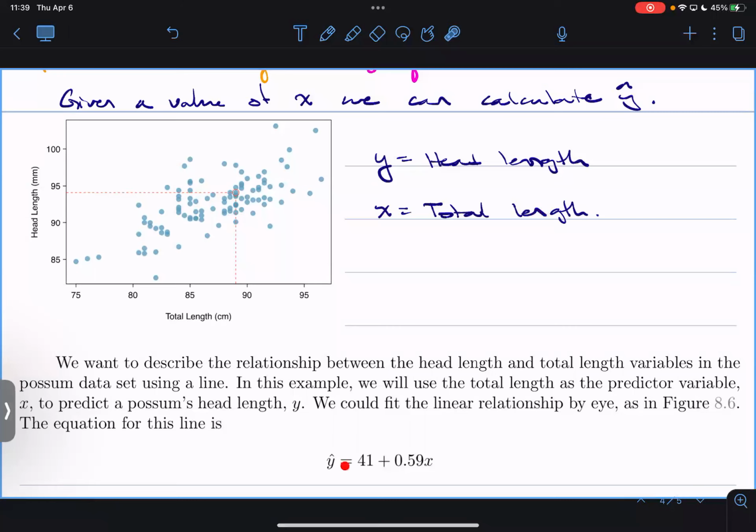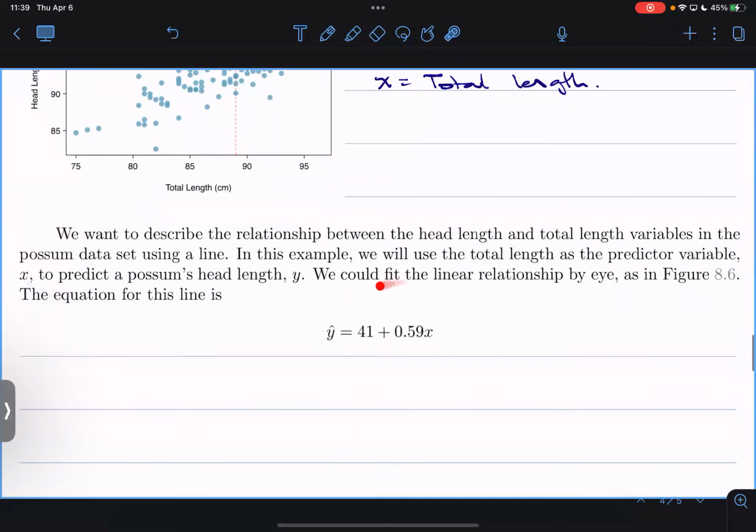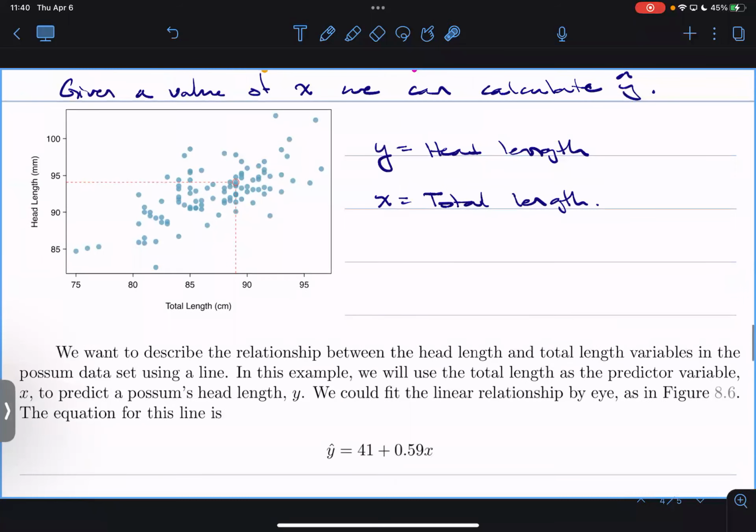But let's just jump right into it. And I hate how they do this, but we could fit the linear relationship by eye, which is just so weird. And then they figure out this exact formula for the fit by eye. It's very weird. But let's say it looks like this. Maybe like that.